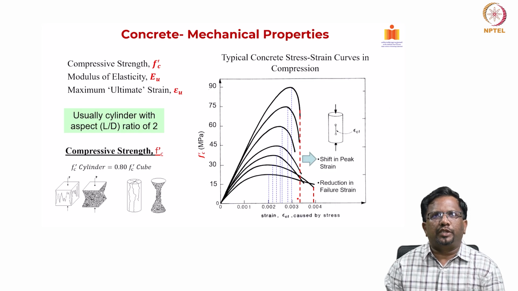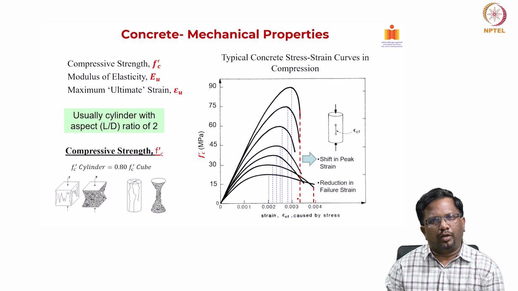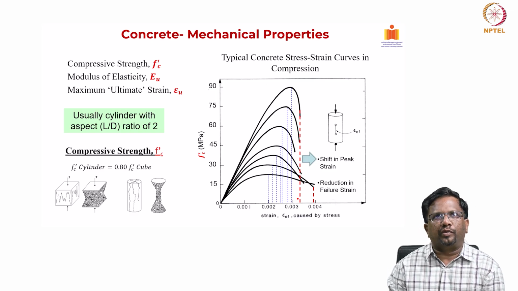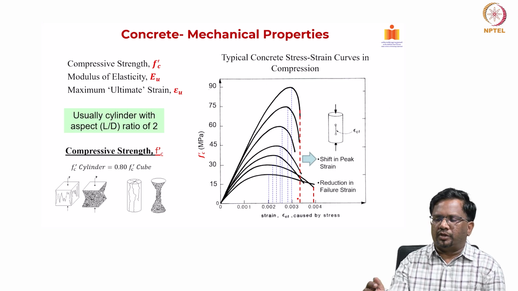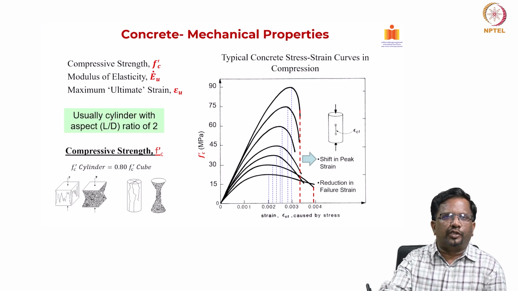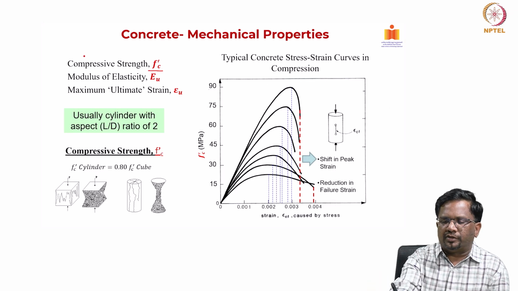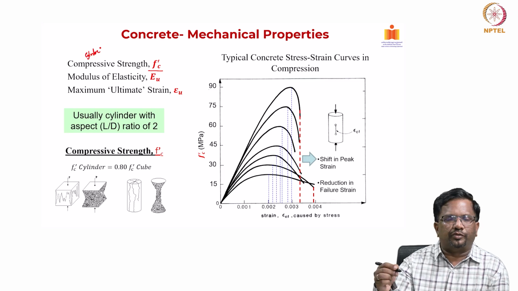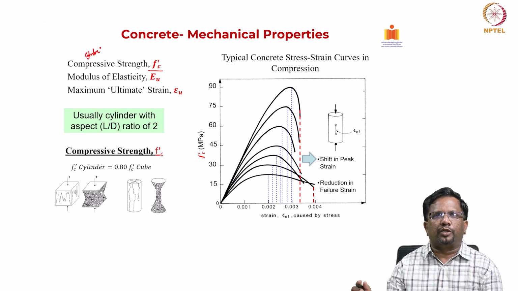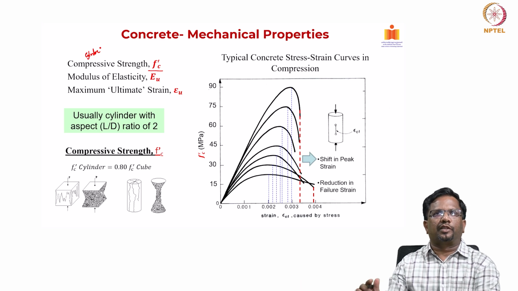As you can see, the fundamental property that we need for our design is the compressive strength. And as we have seen in the first part of the module itself, the f prime c is the cylinder compressive strength. It is not the cube compressive strength, it is the cylinder compressive strength.